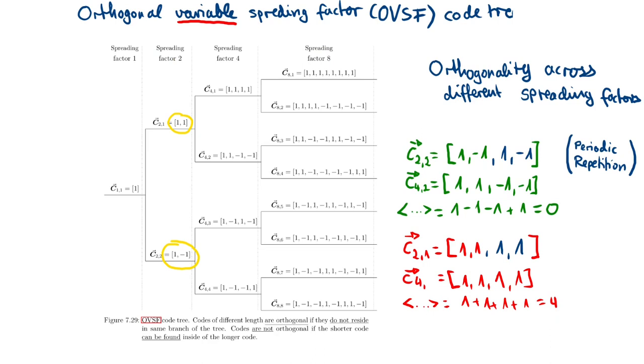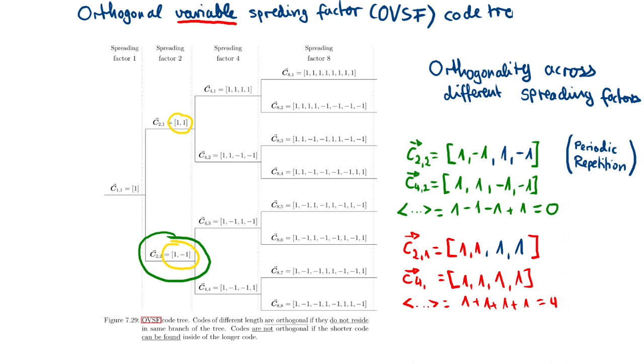So now we want to assign codes with different length to different users, because one user needs a high data rate. It, for example, gets this code here.